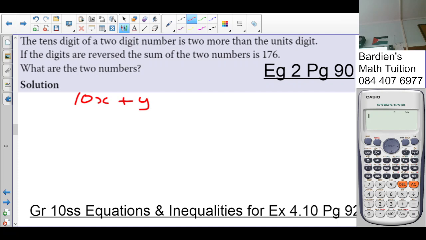The tens digit of a 2-digit number, which is the x, is 2 more than the units digit.